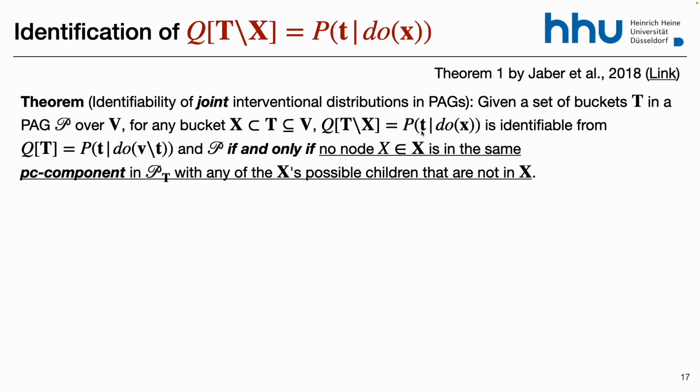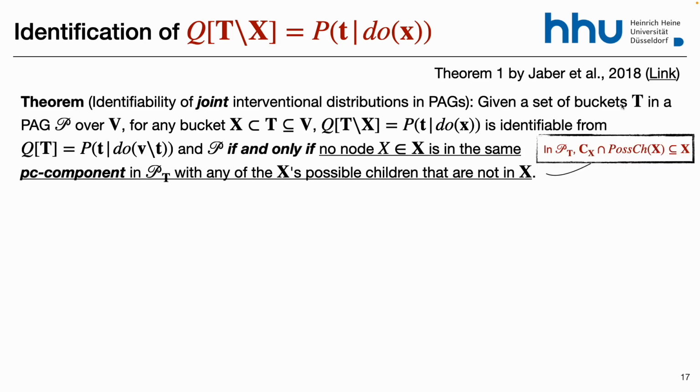And then the joint distribution under an intervention on a bucket is identifiable if and only if no node in X is in the same PC component. Now we are in this PEG over T, and no node in X is connected in the same PC component with any of X's possible children.